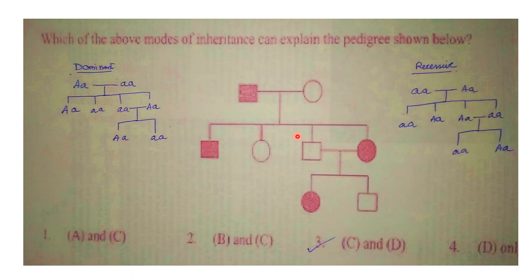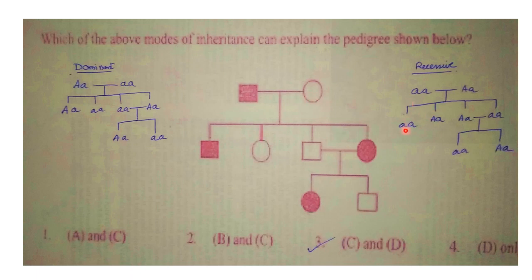autosomal dominant condition. Now coming to autosomal recessive. Now if you consider this as small a, this also small a, and even this also small a. Now if these two have to be small a, and the mother is unaffected, she has to be a heterozygote.